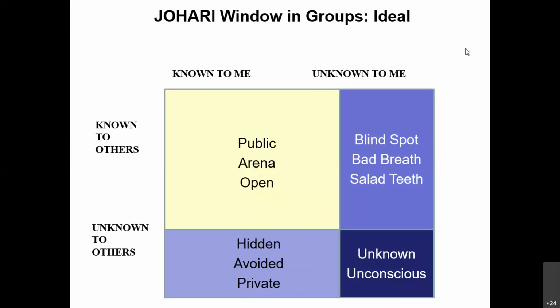So, there are some perennial questions in life for which, from time immemorial, people have been trying to find answers, and there are distinct answers for all those questions. It is the responsibility of the aspirant to find out the answers for these questions which are unknown to me and unknown to others. So this is an ideal square where the unknown to me, unknown to others square must be least in size.